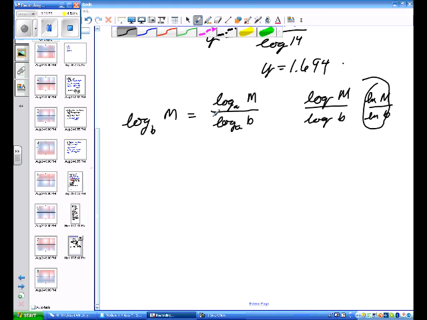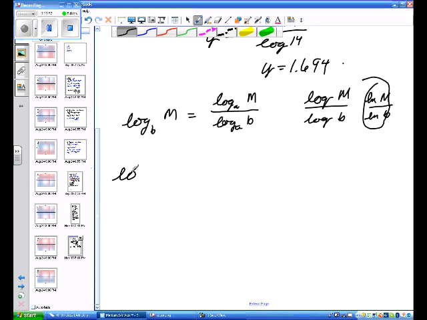Okay, let's take the problem, the log base 3/10 of 19. Now, if we use our change of base formula, then that's going to be the log of the number, and I'm going to use natural logs, the log of the number divided by the log of the base.